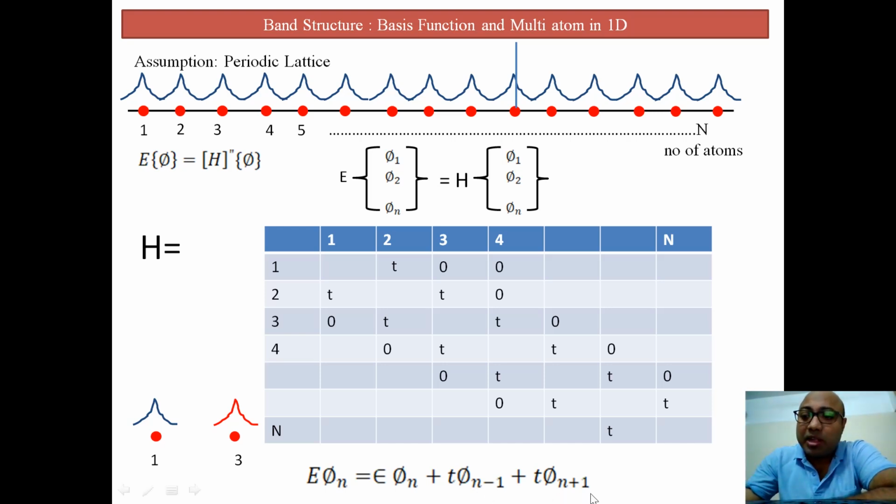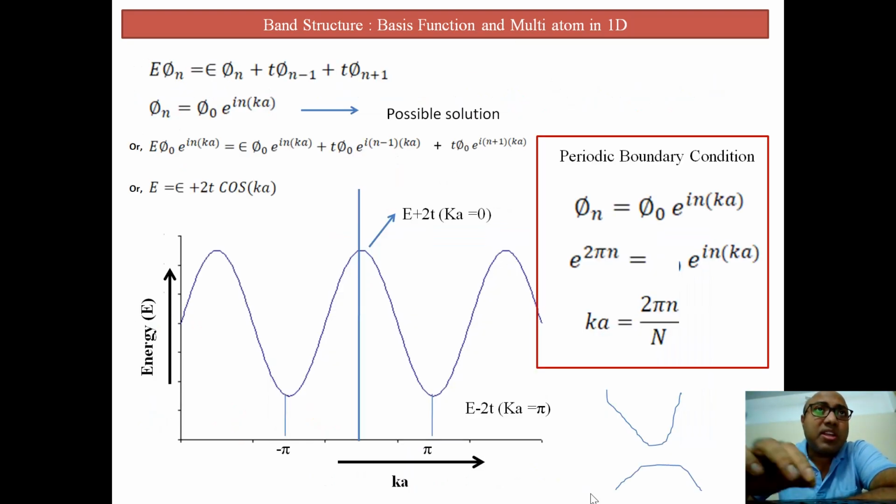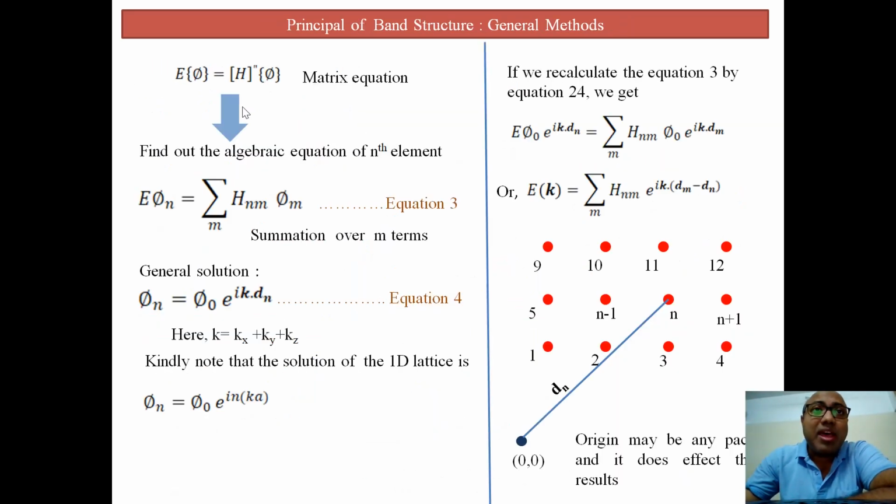That is the algebraic expression we got, and then we assumed a possible solution, phi n is equal to phi 0 e to the power i n k a. This solution is good only in one dimension, but since here we are discussing any dimension, one, two or three, we have to consider a general expression.